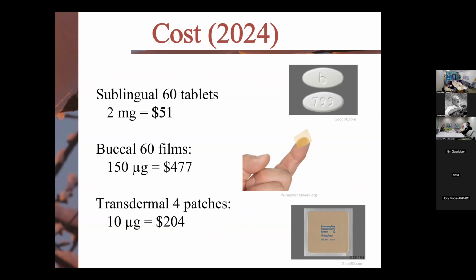Buccal films, even at the mid to low dose range, we're still talking about $477. That would be a monthly cost if you're using it twice daily. So that's less affordable and can really eat into somebody's savings. Insurance doesn't typically cover this one very well, even though it's my favorite one to use.